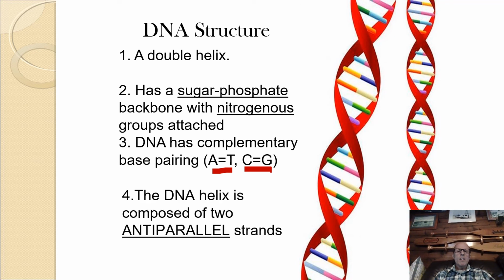Fourthly, we know, according to Watson and Crick, that DNA is an anti-parallel molecule. That means that there's a phosphate end on the 5' end and then a hydroxyl end on the 3' end, and DNA runs in 2 directions.